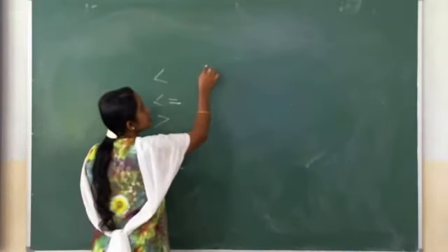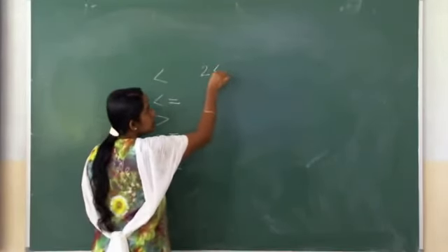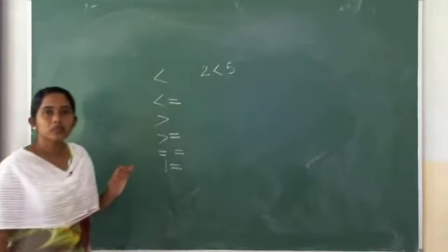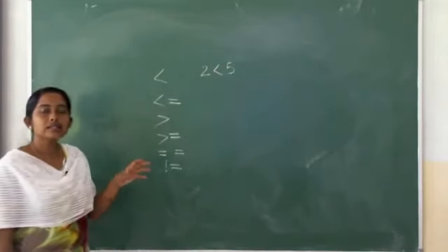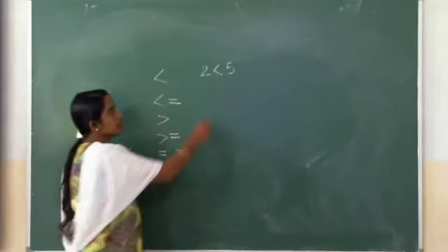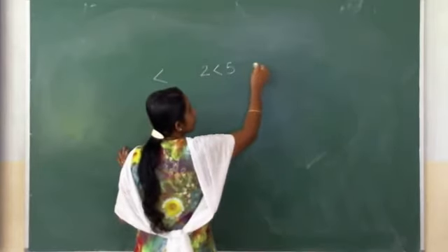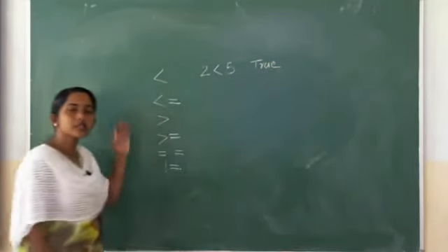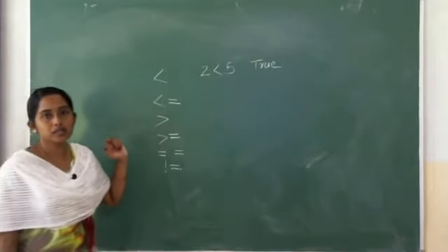That is 2 less than 5. What will be the output? You will get the result as a Boolean value, that is either true or false. That is, in this case you will write here true. Okay, this is a relational operator.